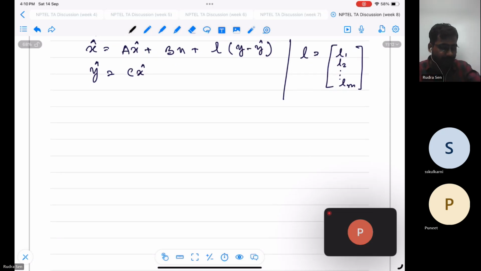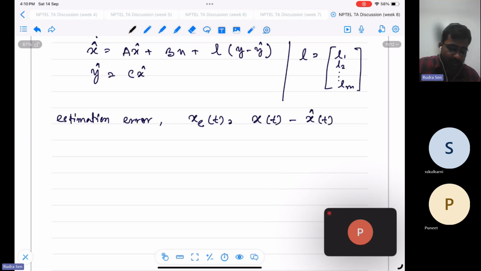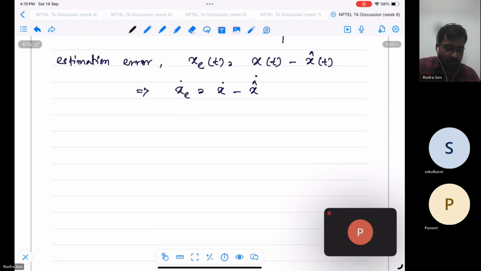So the estimation error xe of t is basically x of t minus x hat of t, right? Taking the derivative, we get xe dot equals x dot minus x hat dot.